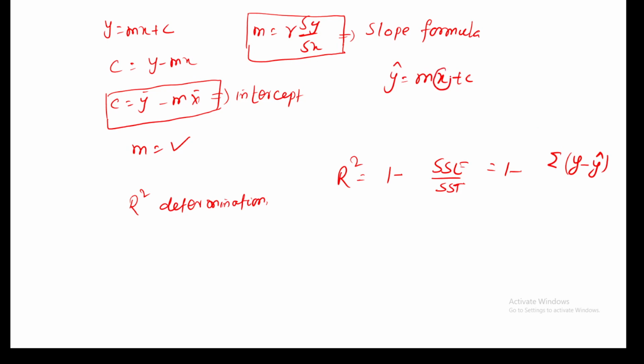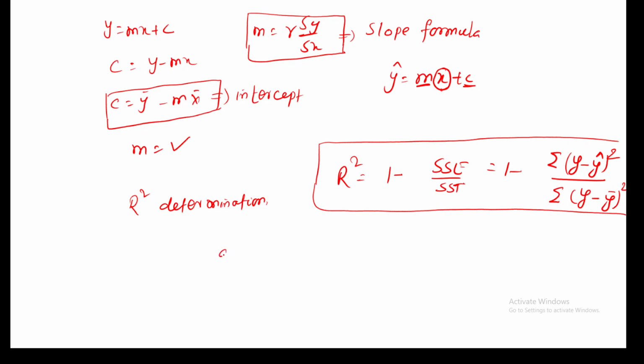For all x we have calculated m and c, and we put them in for each x to get a y value. That y value goes here, and for the total, the summation of y minus y bar whole square. So this is the formula for r square.